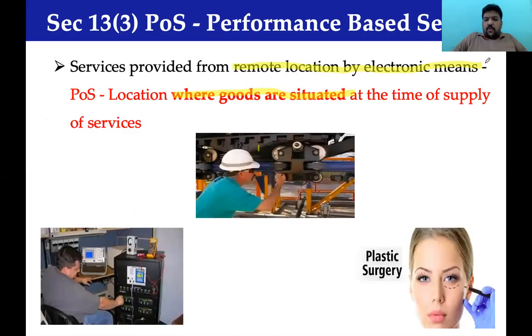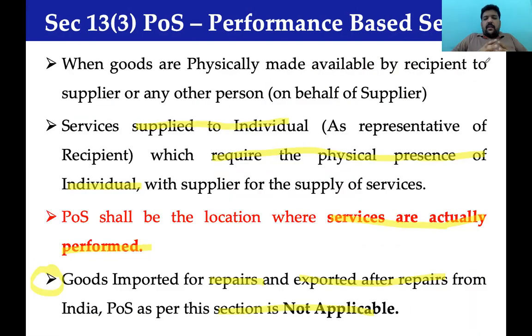So, there are two important provisos. Where goods are physically made available by the recipient to the supplier, or to any other person on behalf of the supplier, for provision of service, the place where the service is performed would become the place of supply.